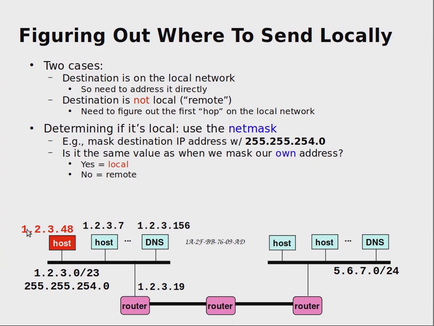So what happens first is that it checks what the MAC address is for this router, and it sends an Ethernet frame from this MAC address to that MAC address, but inside of this data it says that the source IP address is 123.48, the target address is 567.0, and then this router similarly checks, can this IP address be reached locally? So does this IP address have an Ethernet address or not?